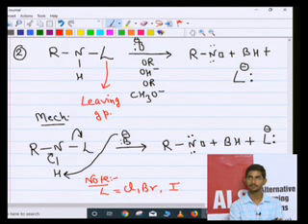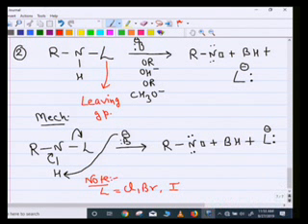Guys, have you noted it? Why not F? Because the bond between F and N would be quite strong. Ultimately, first of all, it is very difficult to form, and second, if it is formed, then it is very difficult to break.